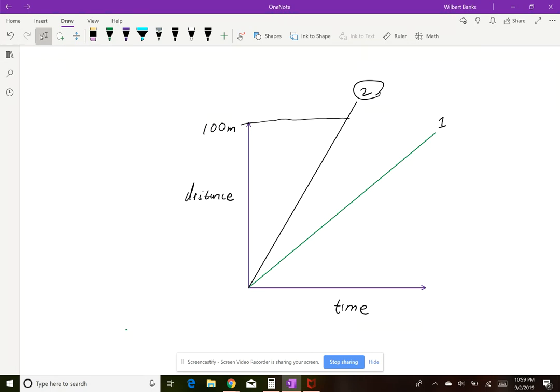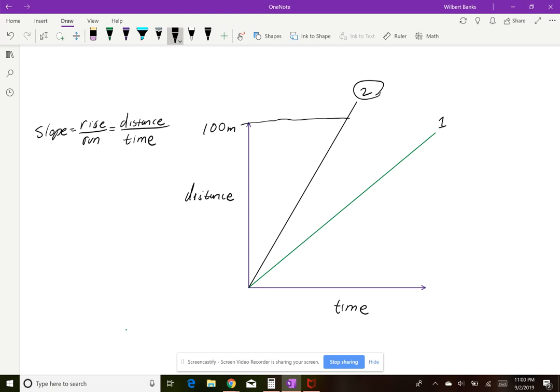When we look at these things, though, what's important is that if I was to ask you what was the slope? Well, remember that slope equals rise over run. And in this case, the rise is distance, and the run is time.